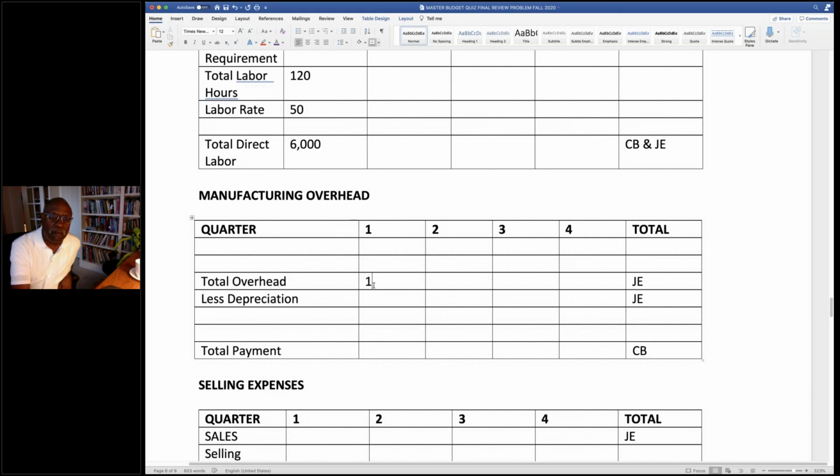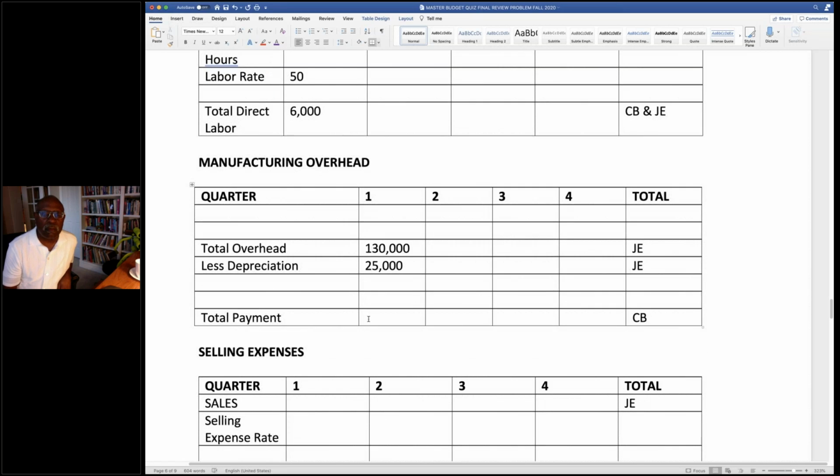For the quarter. Is it 130 for the quarter? Yeah. What's the depreciation? 25,000. How much? 25,000. So what's our total payment? 105,000.